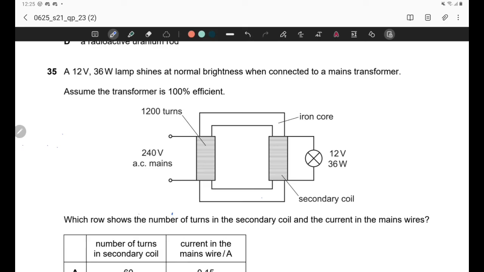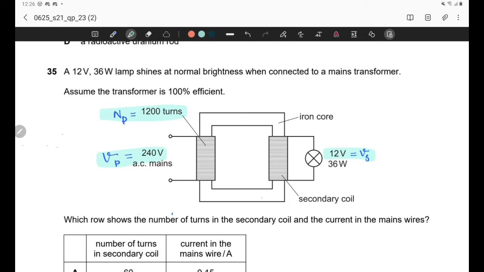In this question we are provided with the number of turns in the primary, that is 1200 turns. Then the voltage at primary, Vp, is also given, that is 240. Then at the secondary side, or the output side of the transformer, we are provided with the voltage, that is 12 volt. That means the voltage at secondary, Vs, is 12 volt.